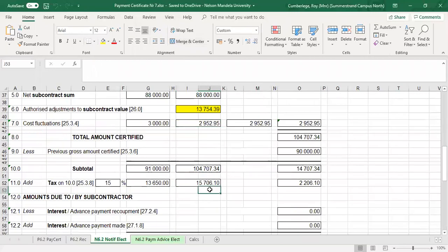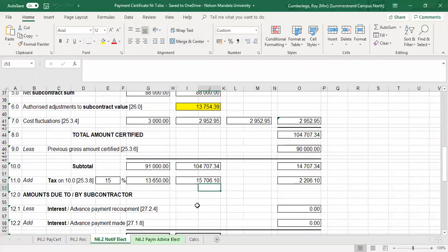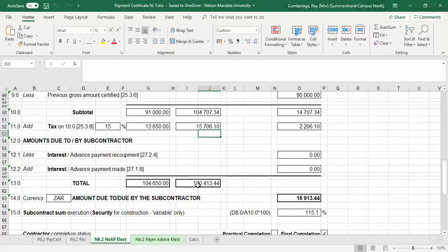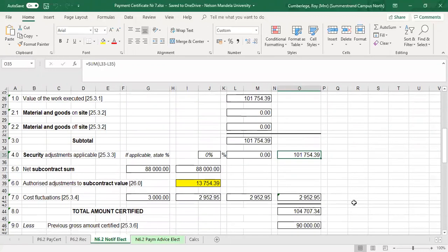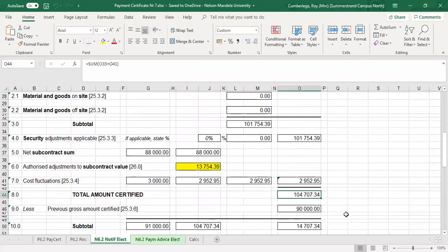And then your tax, and then giving you the final value for electrical installation. Now columns C and D reflect the actual payment. So we've got the final value for electrical installation.